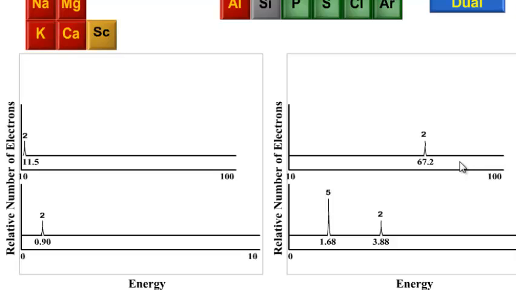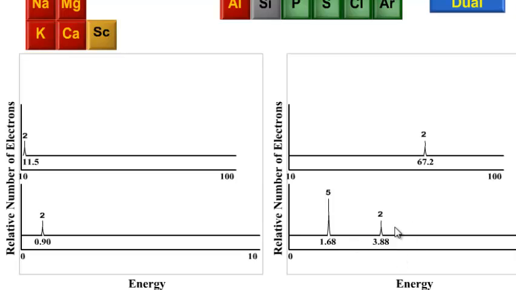So the question that could be asked is, this peak here, caused by 2 electrons at 0.90, is caused by the 2s electrons, the 2s electrons, let's be clear, and also this point here on the fluorine spectrum at 3.88 is also caused by the 2s electrons.